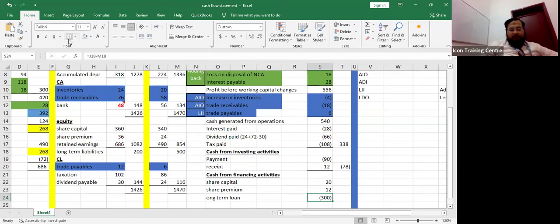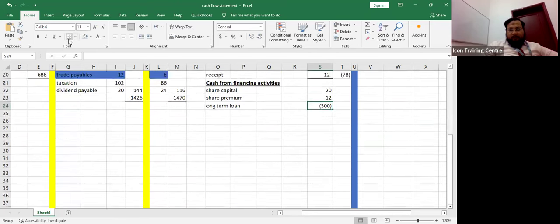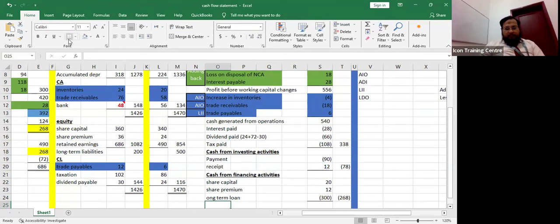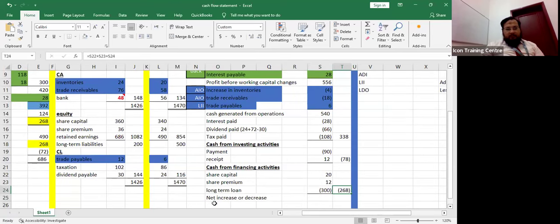So the total will be. Please pay attention. Please look above, right? This is long term. Now we have net increase or decrease. Please pay attention. So we have these values with us.